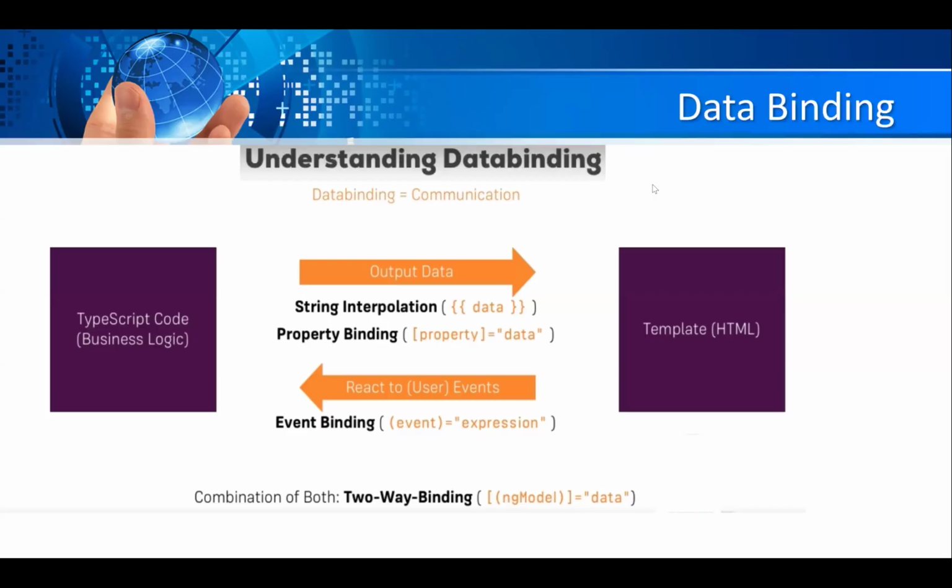That is what we are going to discuss in data binding of a component. Data binding can be achieved using three ways: string interpolation, property binding, as well as event binding.